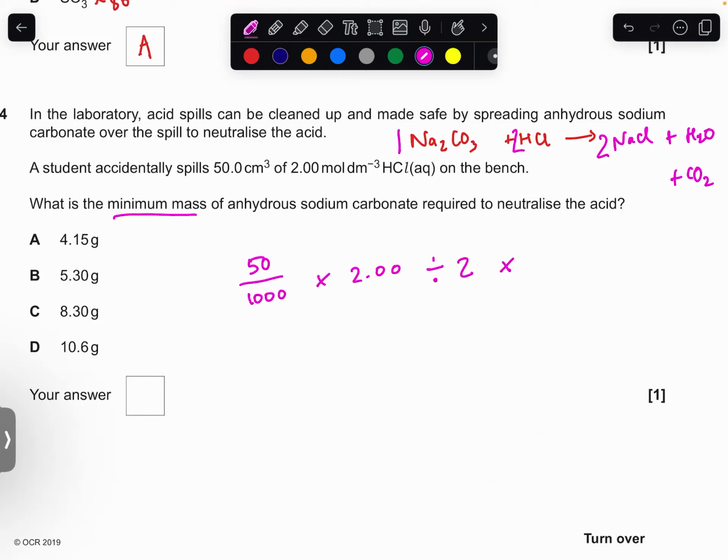So let's multiply it by the Mr of sodium carbonate: 23 plus 23 plus, no, a carbon and 3 oxygens. Let's see what that gives us. Of 5.3. That answer will be B. 4B, and that's correct.